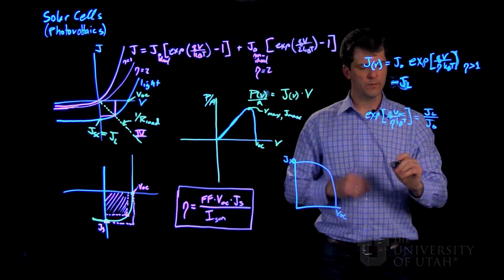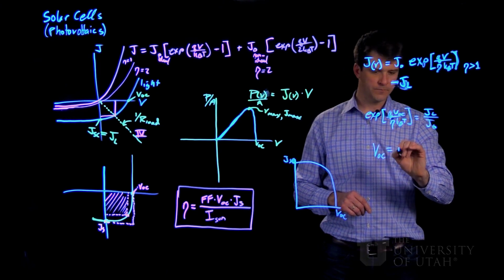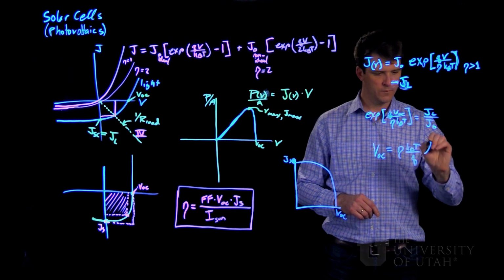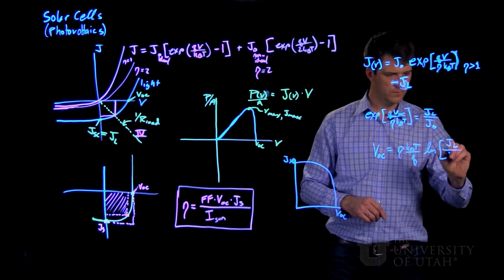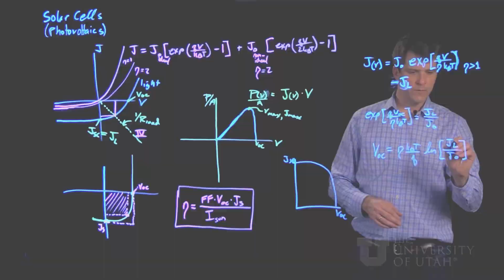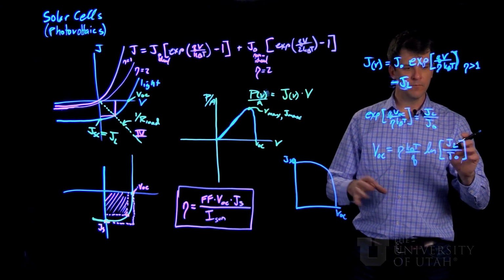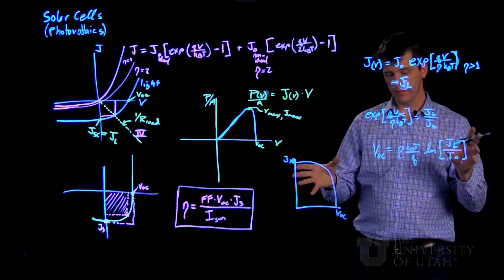Invert the whole thing, solve for VOC, and we have the expression. The J light is set entirely by the band gap of the material. It's very insensitive to recombination, it turns out.